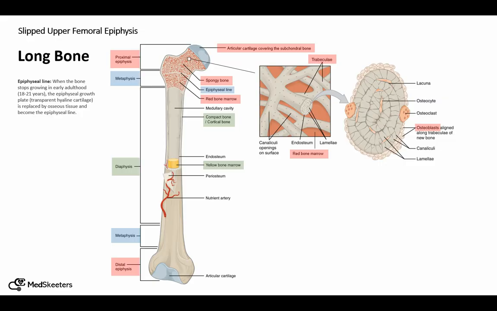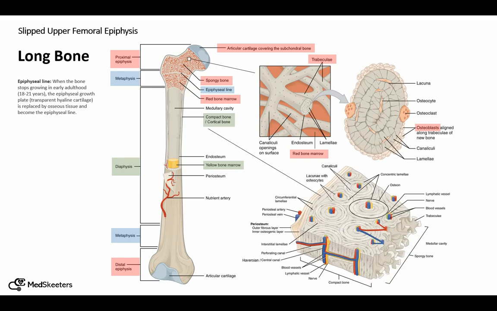The main functional unit of the compact or cortical bone is the osteon. An osteon contains a central canal called Haversian canal. Blood vessels, lymphatic vessels and nerves pass through this central canal.